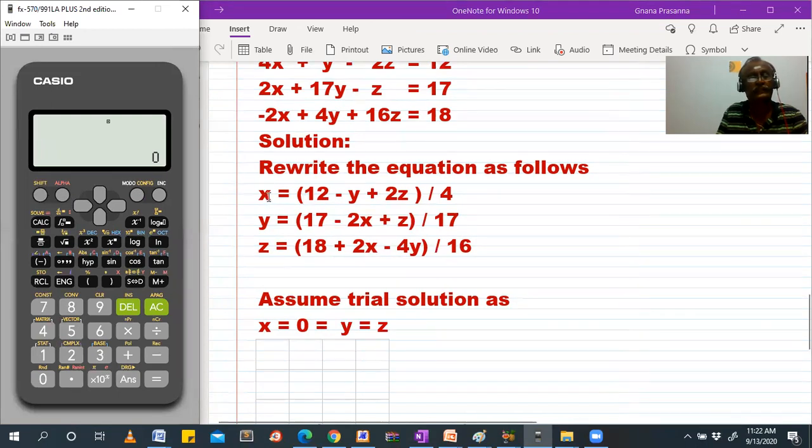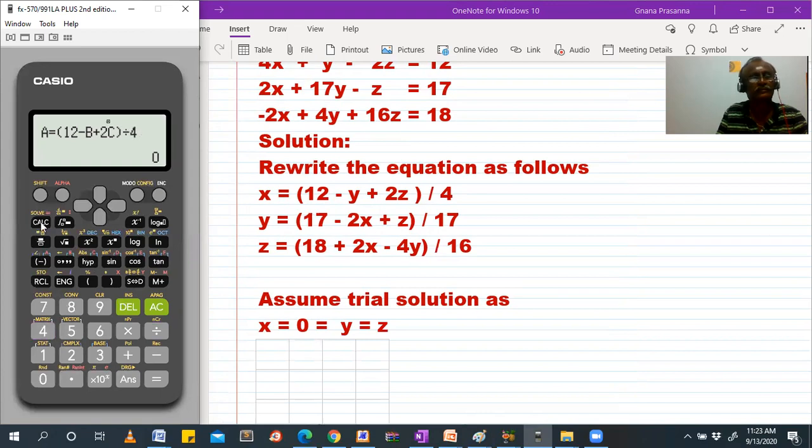I take x equal to A, y equal to B, z equal to C. So A equal to, open bracket, 12 minus B plus 2C, close bracket, divided by 4.